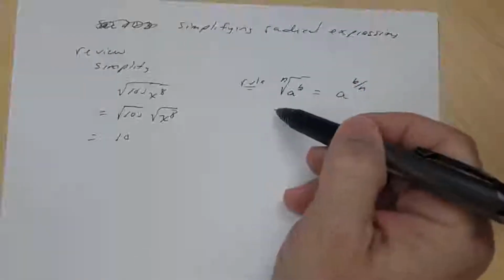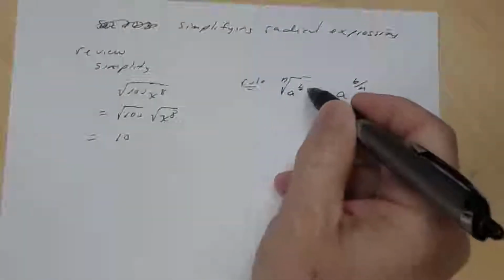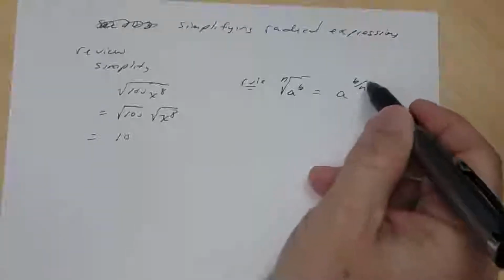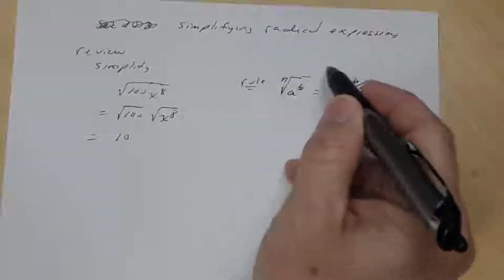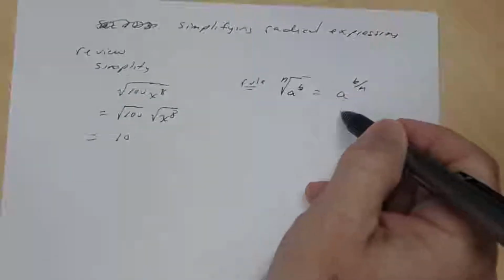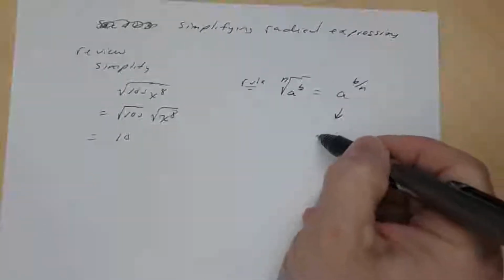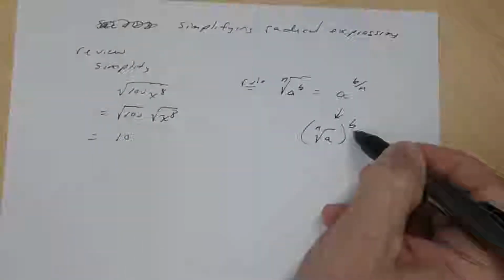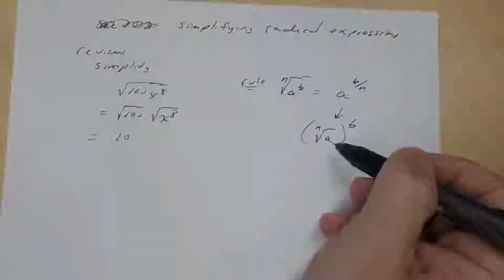Now remember, we also saw in a previous lesson that when you have a rational exponent, you can rewrite it as a radical, and you can also rewrite this as the nth root of a all raised to the b power, and we saw that sometimes this was more useful.